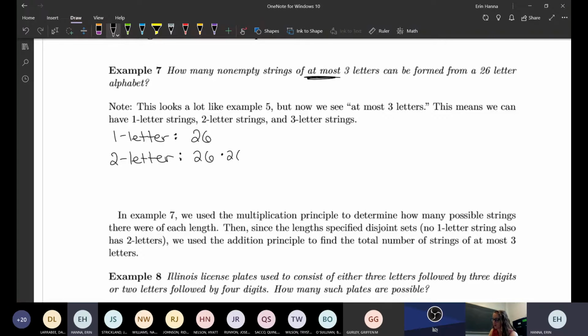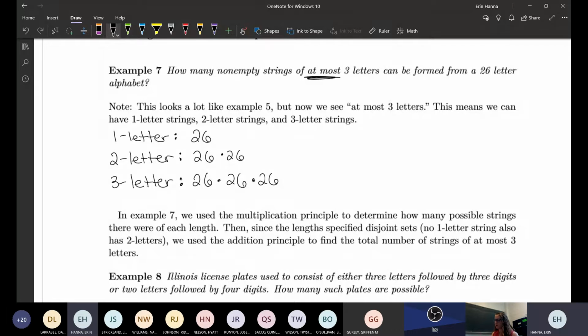So if it's a 2-letter string, we'll have 26 times 26. And then for the 3-letter string, we have 3 spaces we need to fill, but there's 26 choices for each of them. So there are 26 cubed 3-letter strings that we could form.